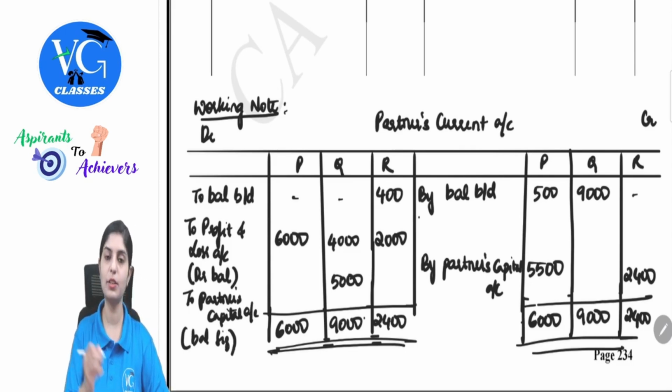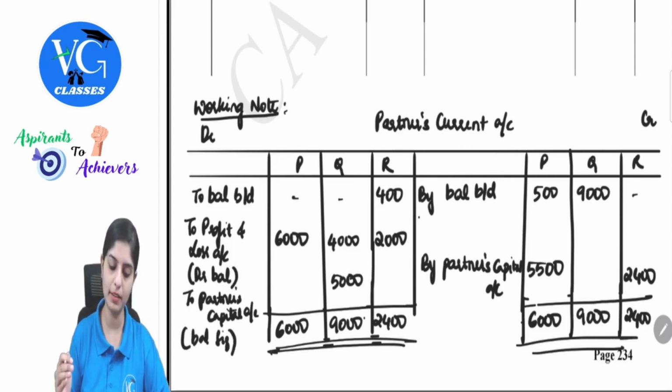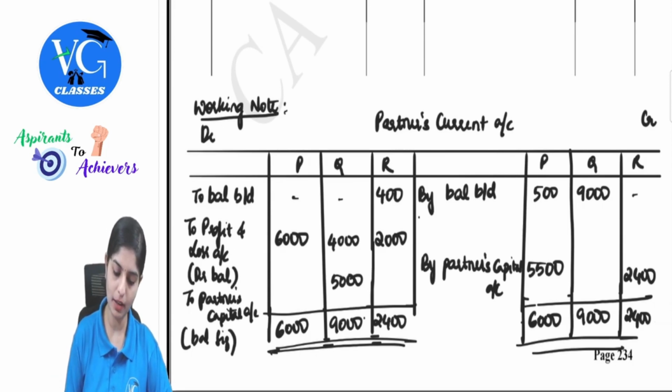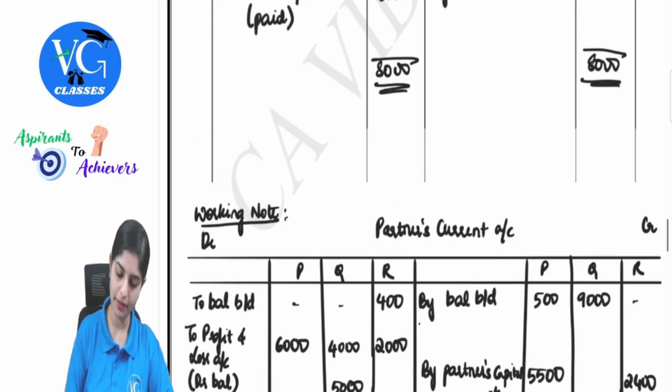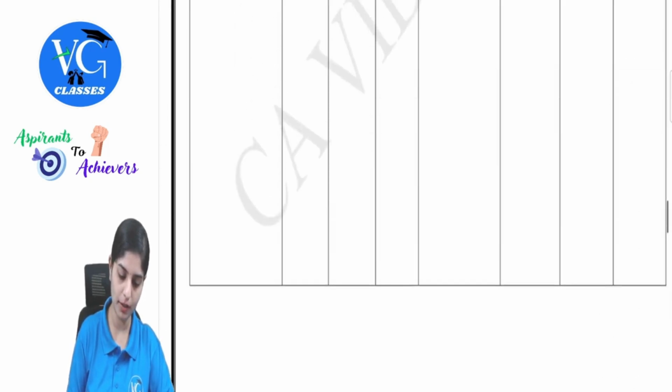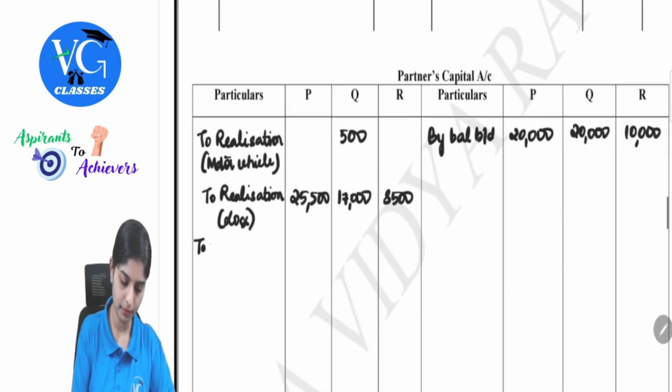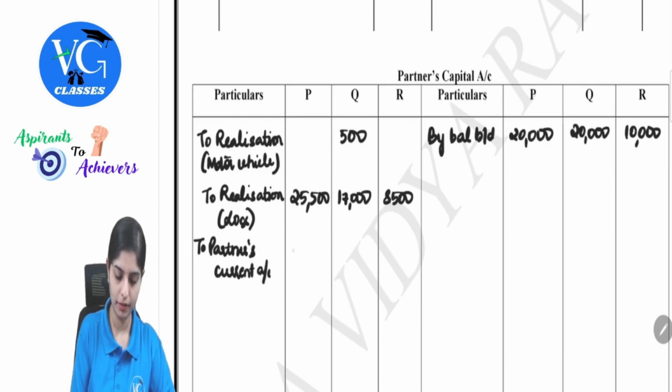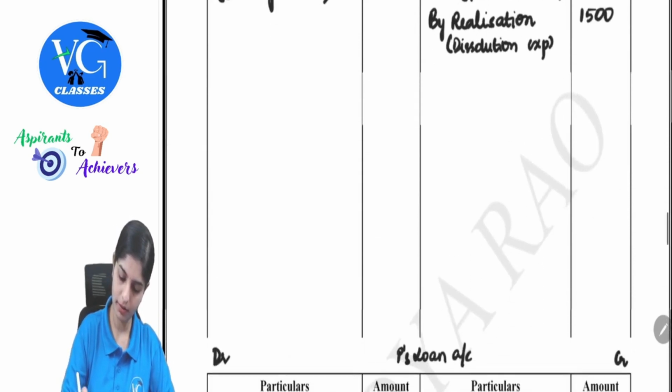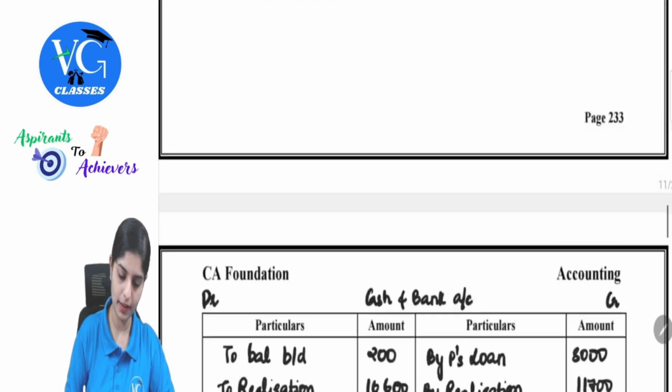So we will transfer this to partners' capital. By partners capital to current account means this will appear on the debit side, 5,500 and 2,400. To partners current account 5,500, 2,400.